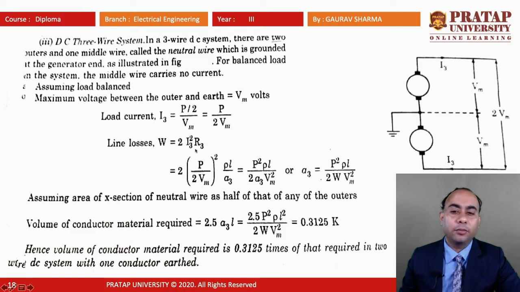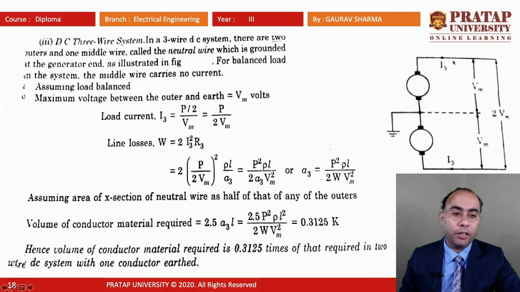Line losses are 2 I3 square R3. We put in the value of I3 and R3, rho L upon A3, and calculate the value of A3.